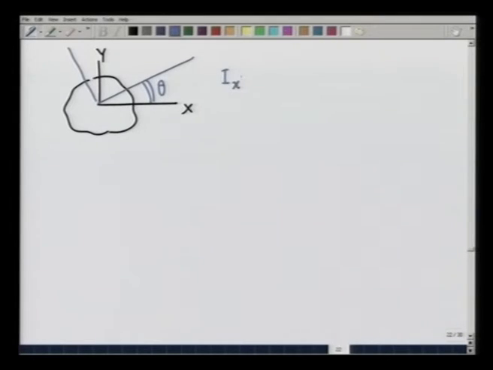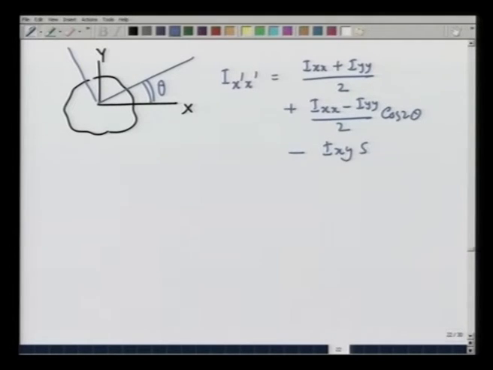I x prime is nothing but I x x plus I y y divided by 2 plus I x x minus I y y divided by 2 cosine 2 theta minus I x y sine of 2 theta.